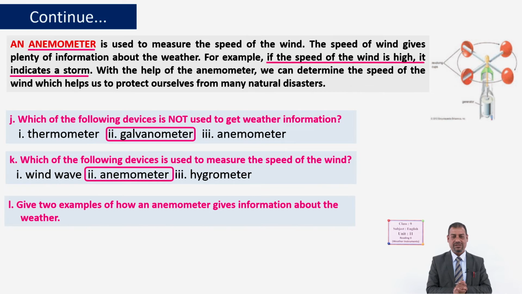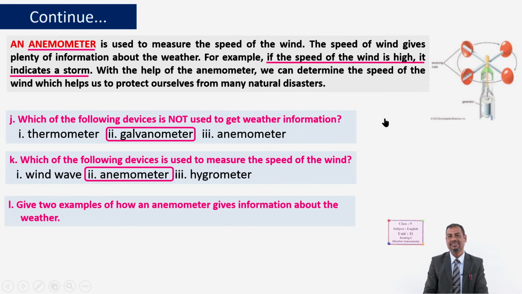Then again another question for you. Give two examples of how an anemometer gives information about the weather. I hope you have definitely found this answer in this line. See, two examples here. For example, if the speed of the wind is high, it indicates a storm, and with the help of the anemometer, we can determine the speed of the wind, which helps us to protect ourselves from many natural disasters.